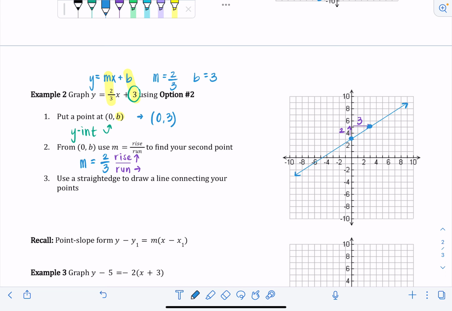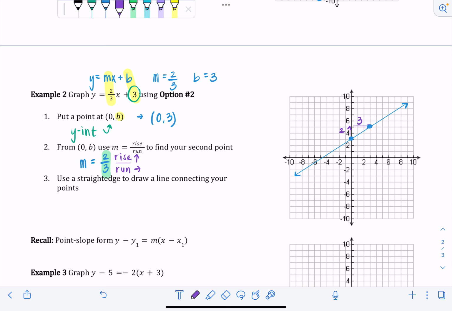One thing I want to mention before we move on to example 3 is, when you're dealing with slope, in this case our slope was 2/3, so we rose 2, we went 3 to the right because it was positive. You can also switch the direction. So if you're ever at a point where you're going to fall off the graph if you go in that direction, we can switch both of these.